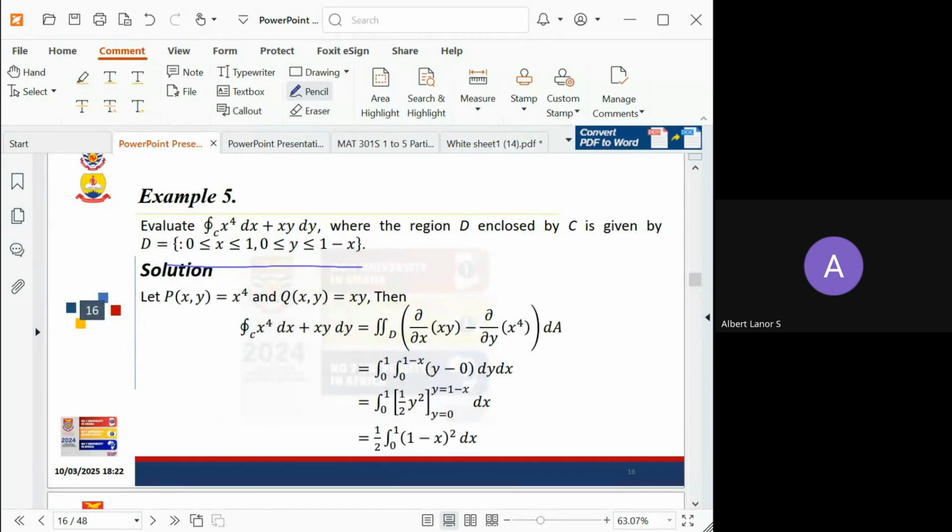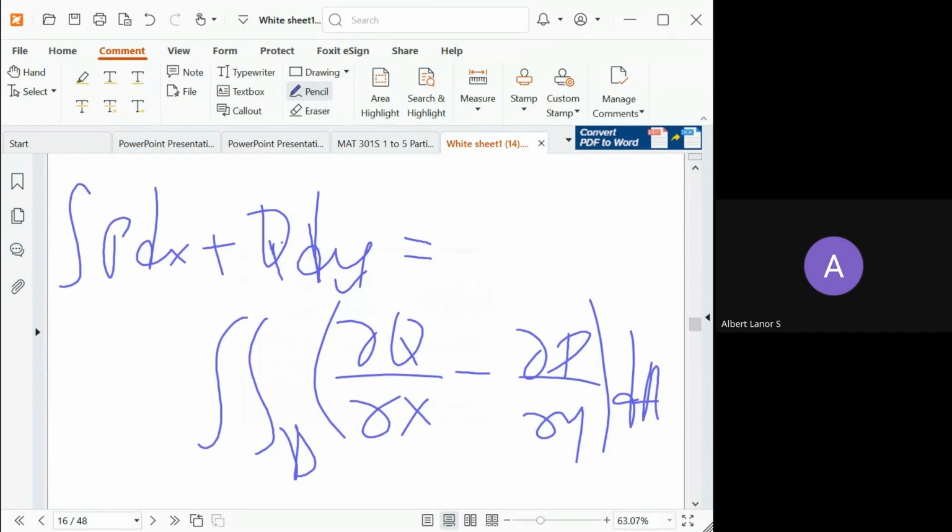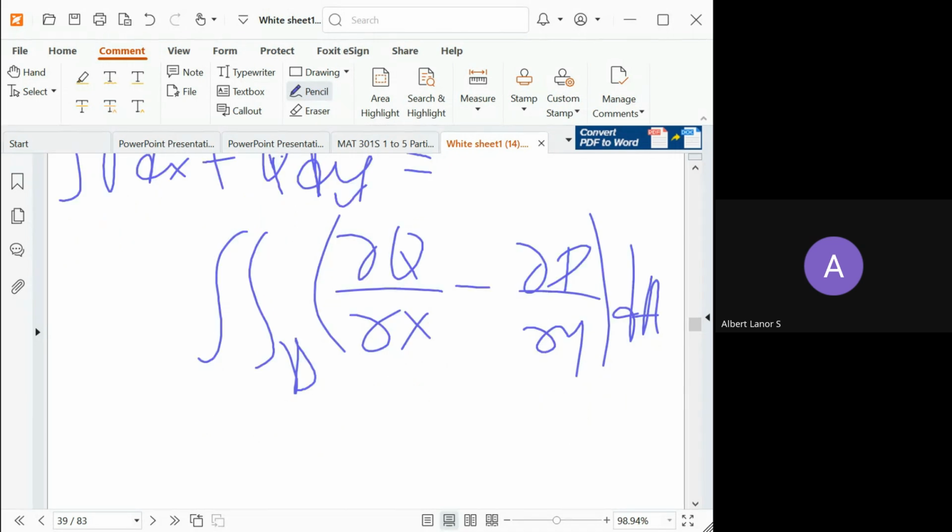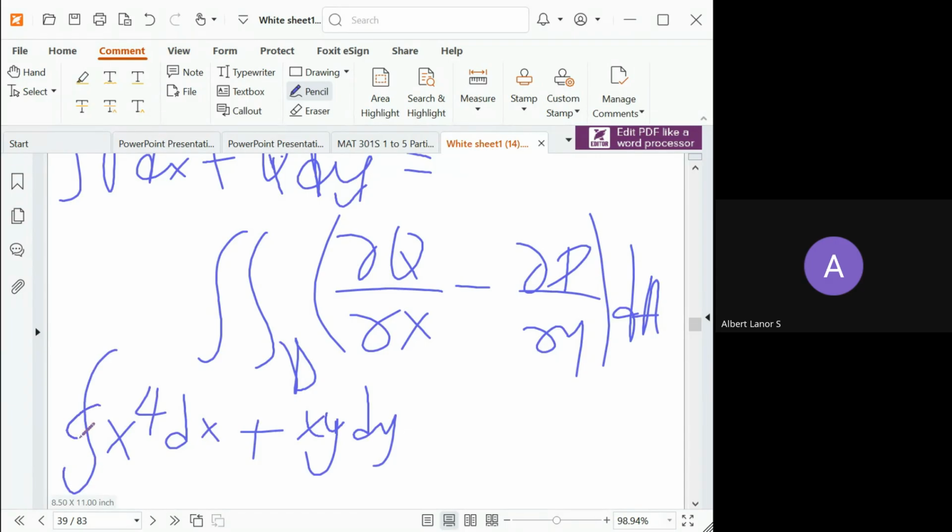The problem is x^4 dx plus xy dy. So we want to integrate this over the closed loop.